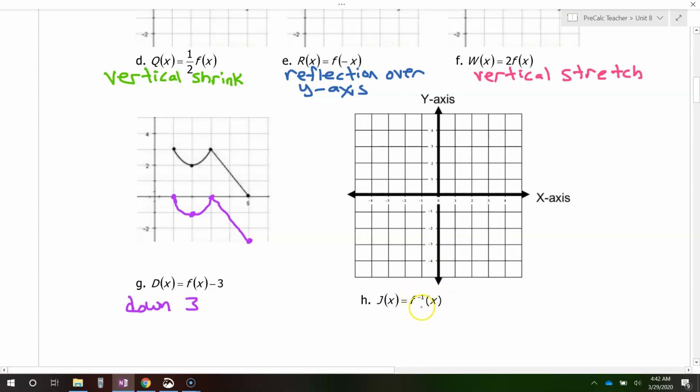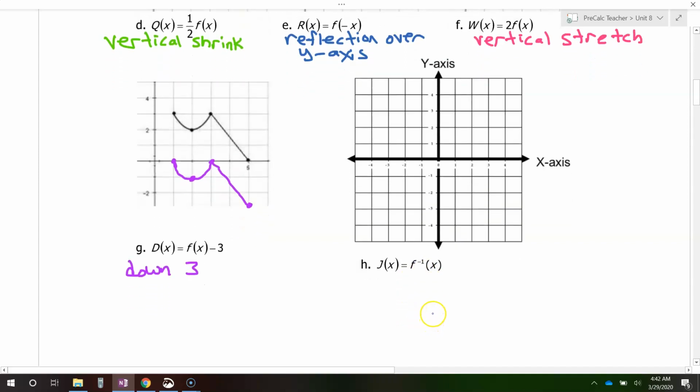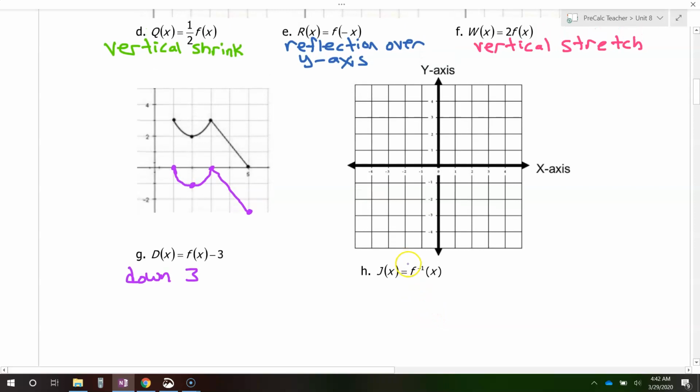Now, this is something new that we haven't talked about yet. A little negative sign here means that we're going to be graphing the inverse. The inverse is where you reflect something over the line y equals x.